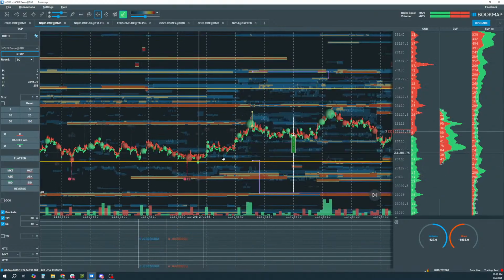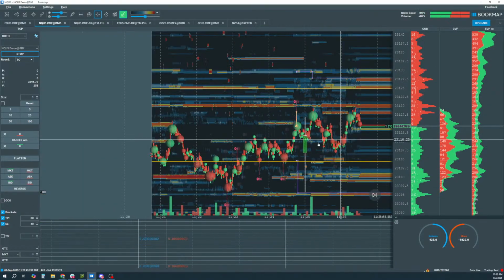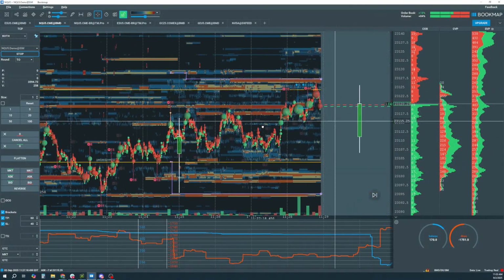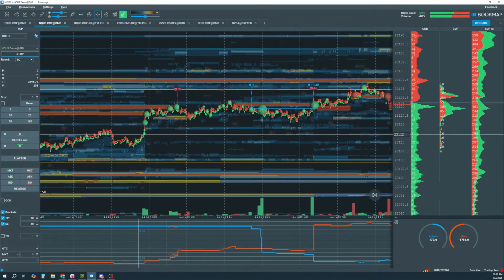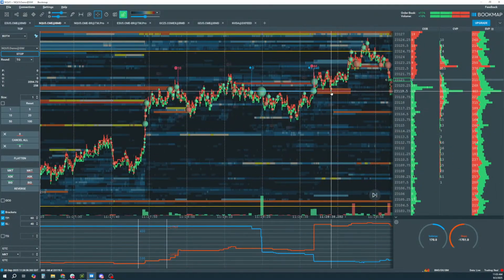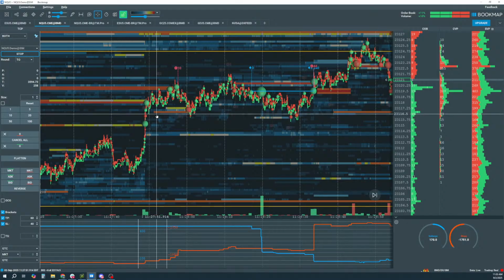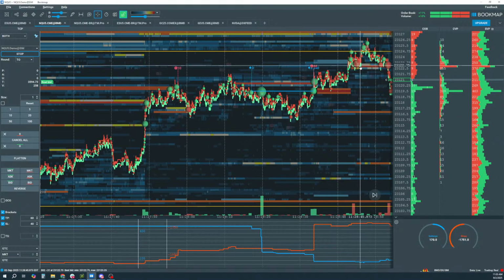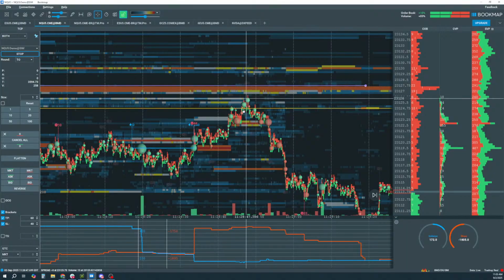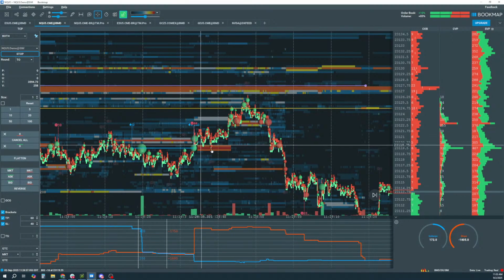This liquidity underneath, and then we saw it on the way up underneath here. You know, they're definitely supporting price here. High liquidity here, high liquidity here, high liquidity here. Trying to skew the order book.